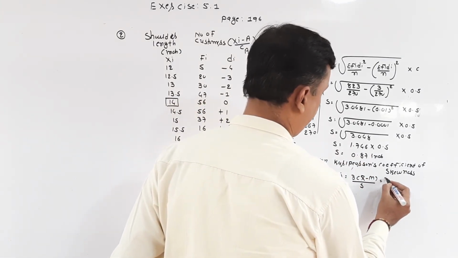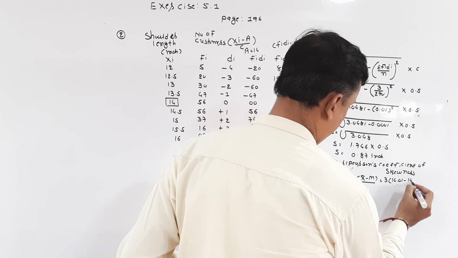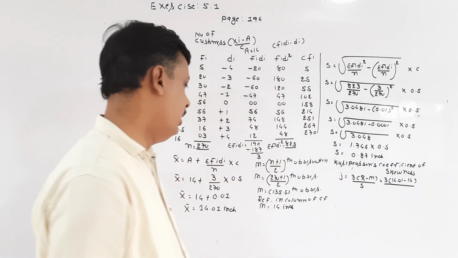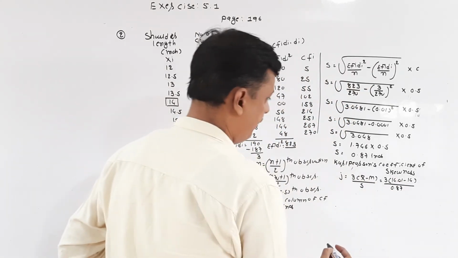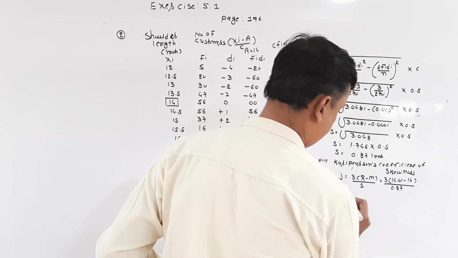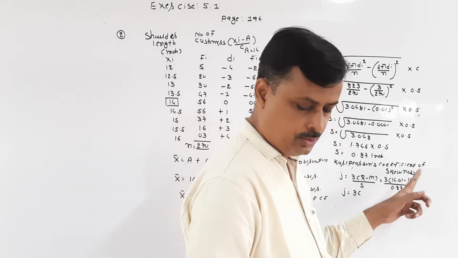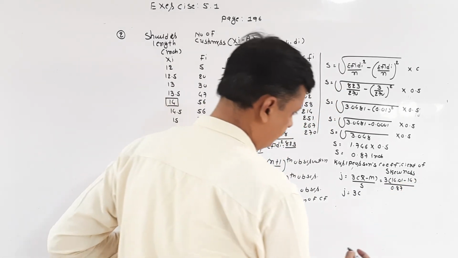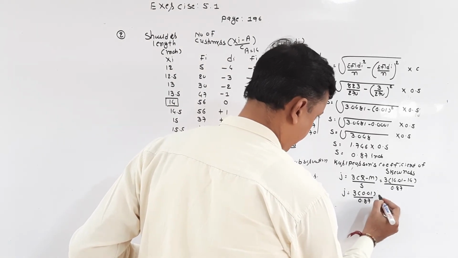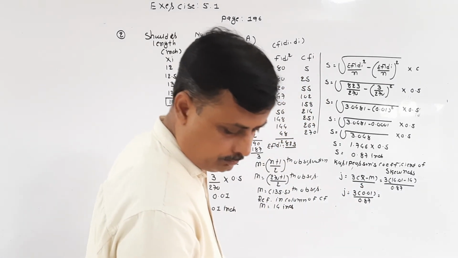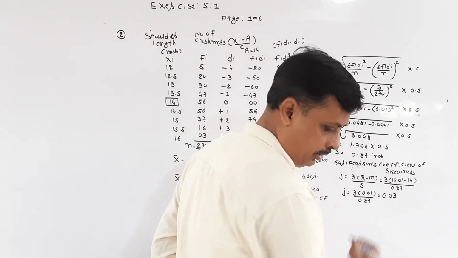So 3, x bar is 14.01, minus 14, upon s, 0.87. So 14.01 minus 14 is 0.01, upon 0.87. So the final answer is 0.03.